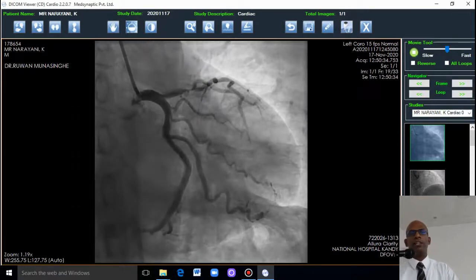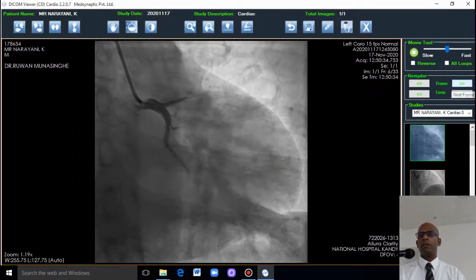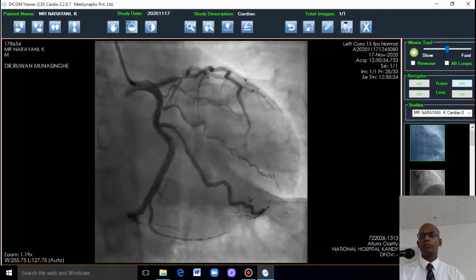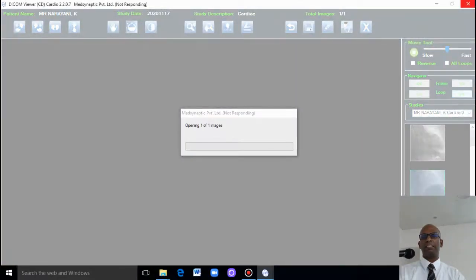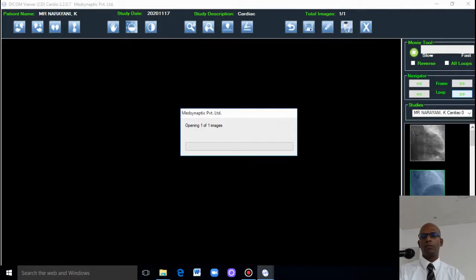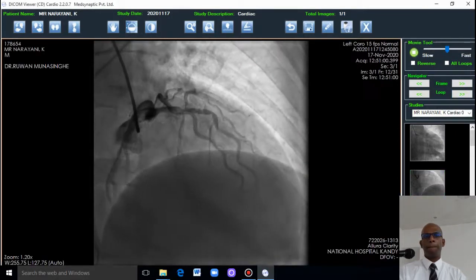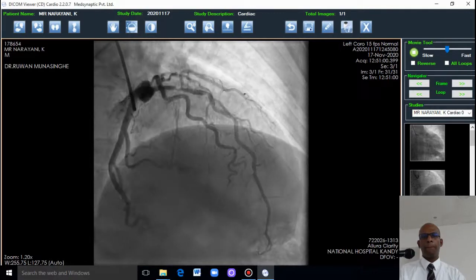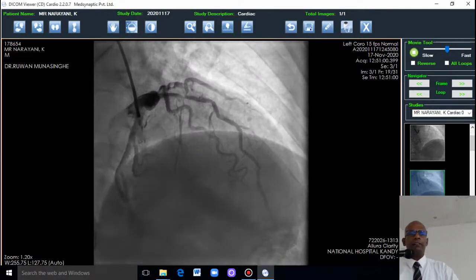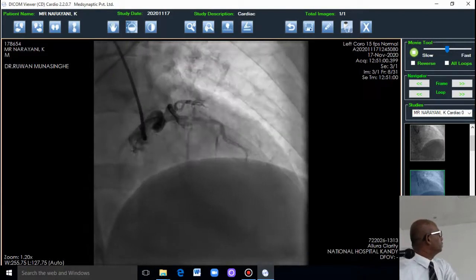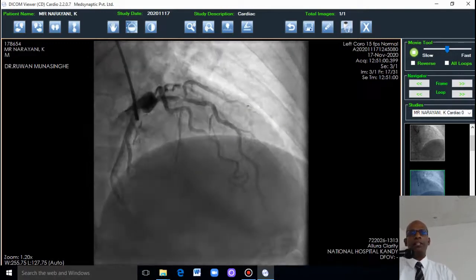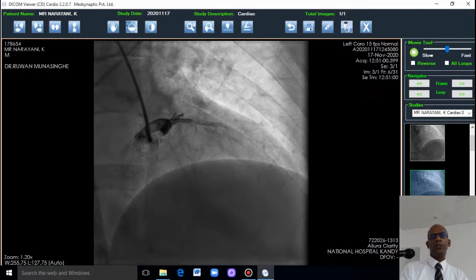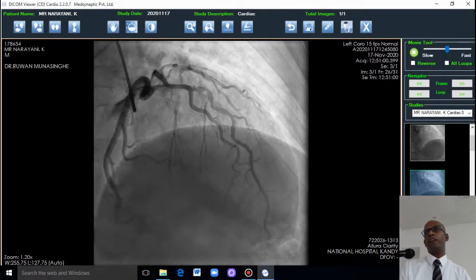In the other view I can show it clearly: in the left anterior descending artery there is a near total occlusion, around 99% block. So medical management alone might not be enough.